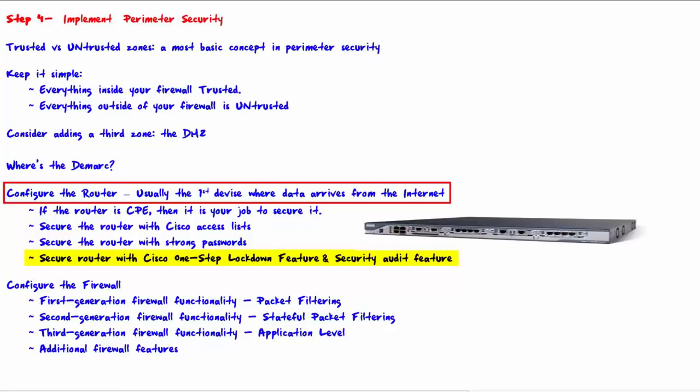You can use one or both of these features in a semi-automated way to secure the router using the guidance provided by Cisco. Now, obviously, you may not have a Cisco router, although the majority probably will based upon the saturation of Cisco in the world. But if you have another router, then you can have similar features based on the brand of router that you have.